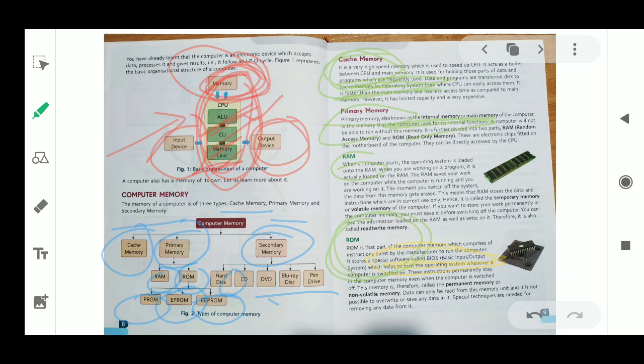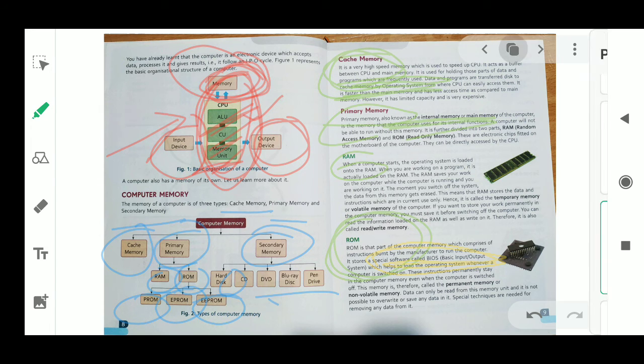So this is the special software called BIOS, which helps load the operating system whenever the computer is switched on. The instructions permanently stay in the computer memory even when the computer is switched off. So as I told you, if we switch off the computer, no problem, the instructions will already be loaded on your computer.